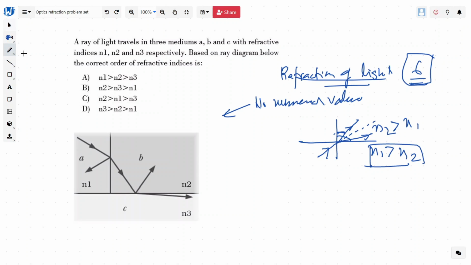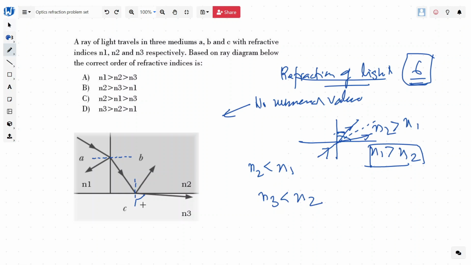First thing first, in all refraction problems, let's draw our normal and see how the ray of light is going. If it was undeflected, it would go like this, but it's bending away, which means that N2 is less than N1. Here it is again bending further away, which means that N3 is also less than N2.